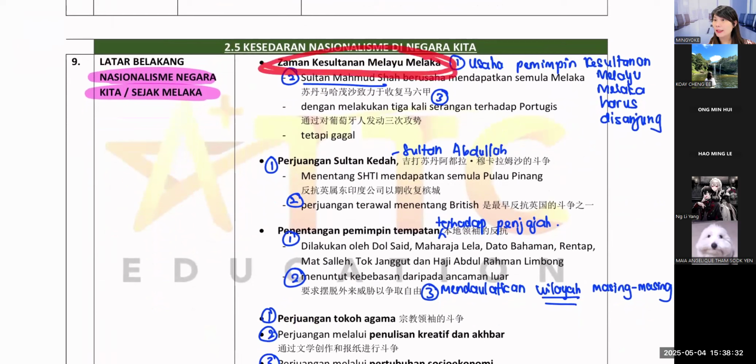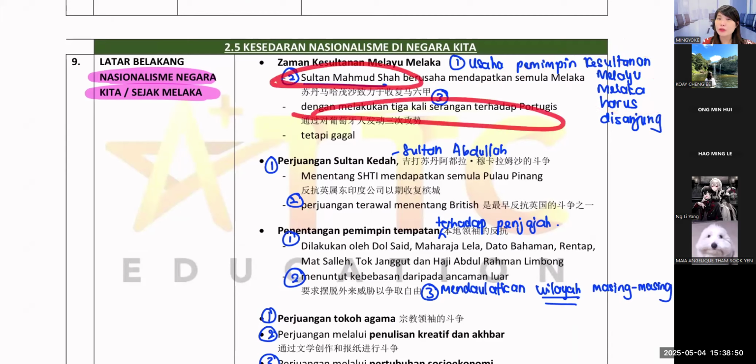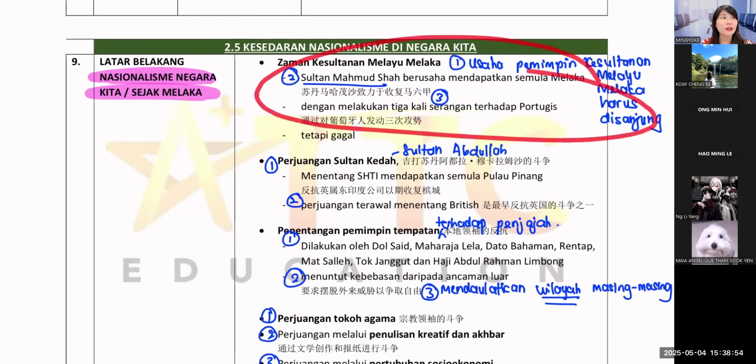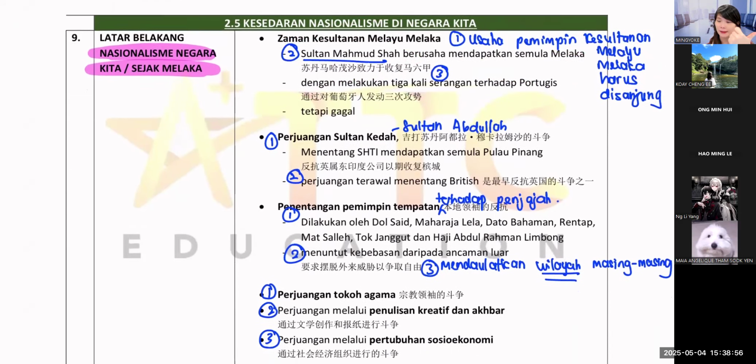Under Malacca, the efforts of the leaders of the Malay Sultanate of Malacca should be respected, number one. Number two, Sultan Mahmud Shah, the one that tries to get back Malacca. Not only Sultan Mahmud Shah, Sultan Muzaffar Shah also as the leader. Sultan Mahmud Shah attacked the Portuguese 3 times but failed. So this is one of the nationalism efforts they started.